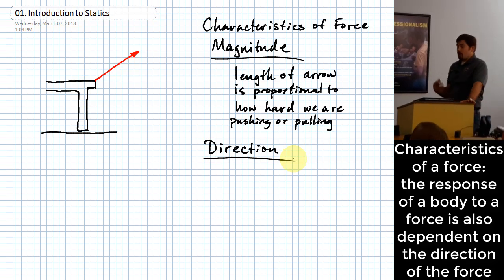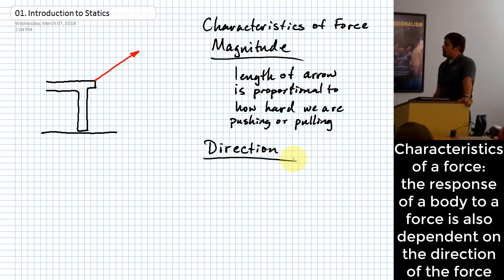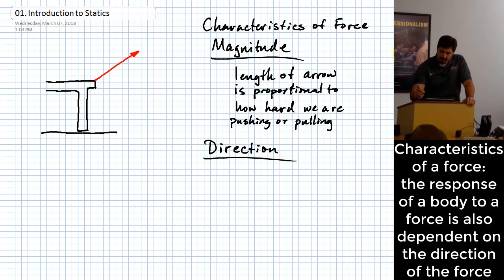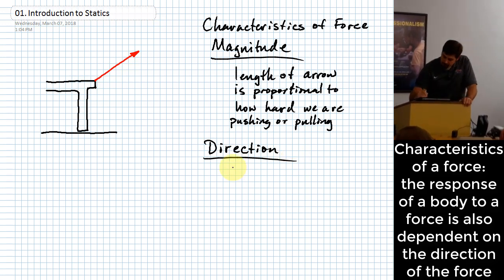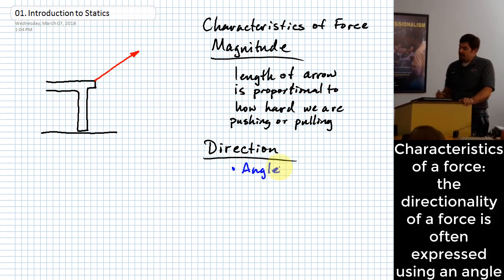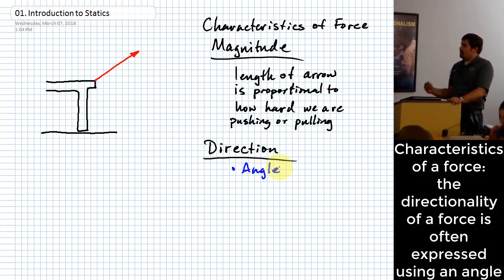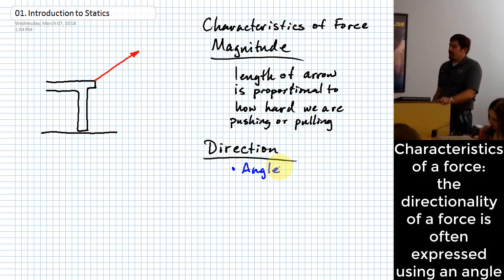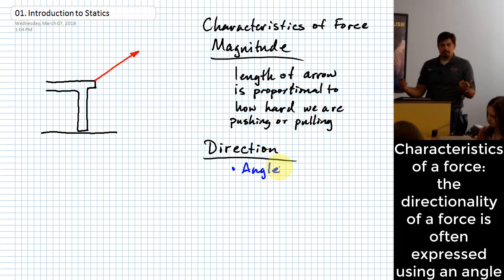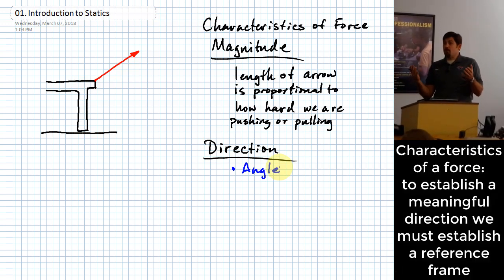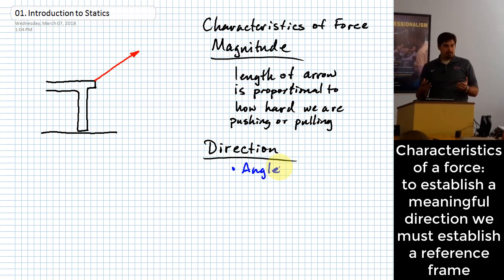There are a bunch of different ways that we can establish a direction. Here's the one that we will most commonly use in this class. We can use an angle. But for us to have an angle, like an angle to where, right? For us to have an angle, what do we need? We need what's called a reference frame.